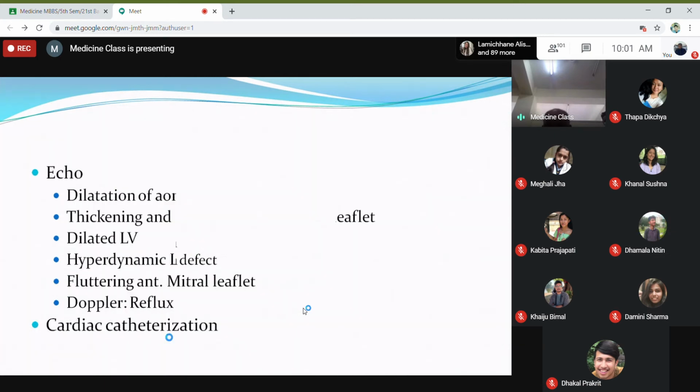Echo is the most important, very commonly done, safe, and somewhat cheaper test to diagnose aortic regurgitation, and you can do a hemodynamic study also from Doppler. Cardiac catheterization is usually done when the patient goes for operation or is going for angiography or something like that.